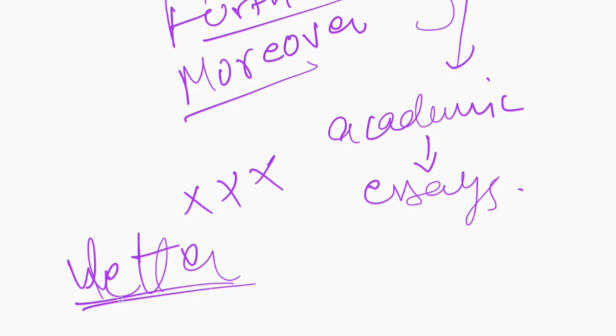In writing a letter, we can use linking words such as and, along with that, in association with, additionally, accompanied with, as well as. Yeah, I guess these are the words that you can use in a letter.